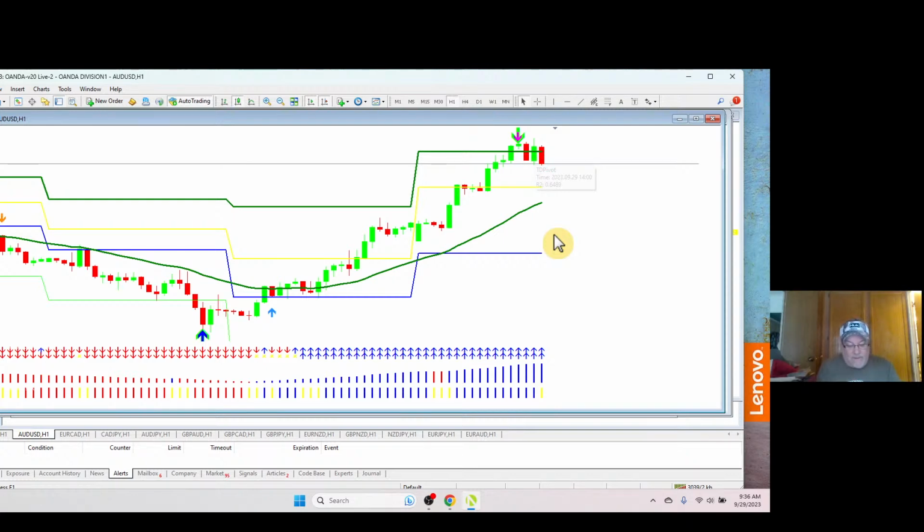But my first profit target is faster today. I'm taking it at 65, because that would be 30 pips, and normally the Aussie would be 40 pips.